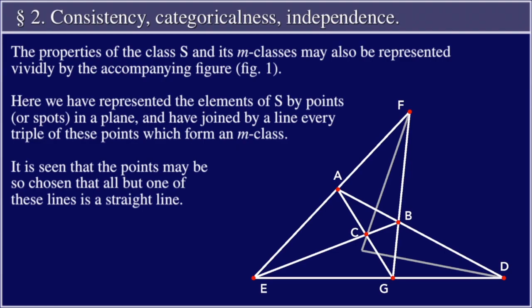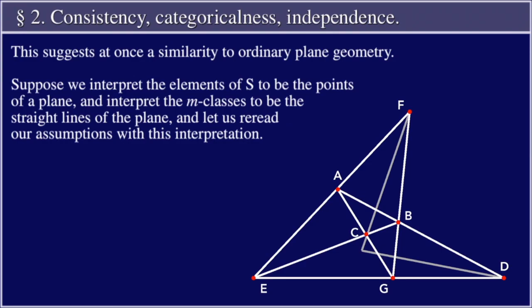Here we have represented the elements of S by points or spots in a plane, and have joined by a line every triple of these points which form an M class. It is seen that the points may be so chosen that all but one of these lines is a straight line. This suggests at once a similarity to ordinary geometry.